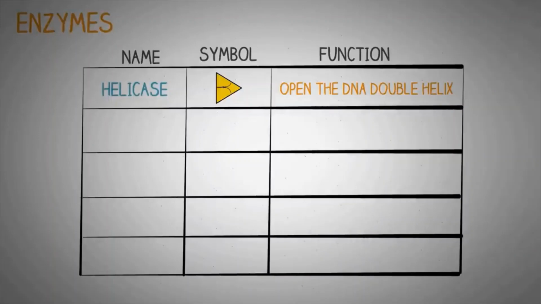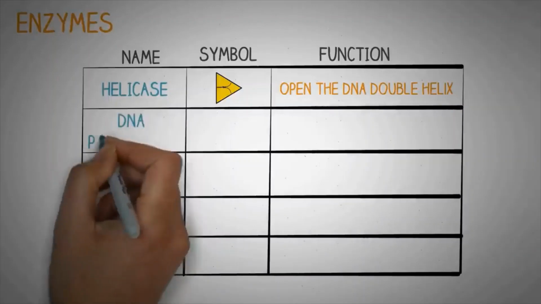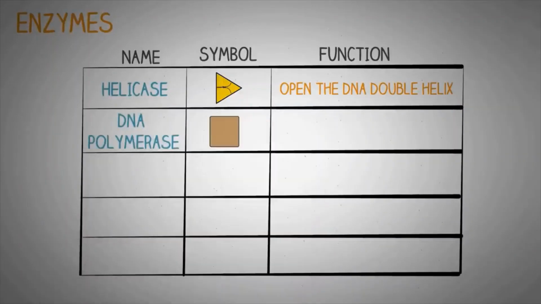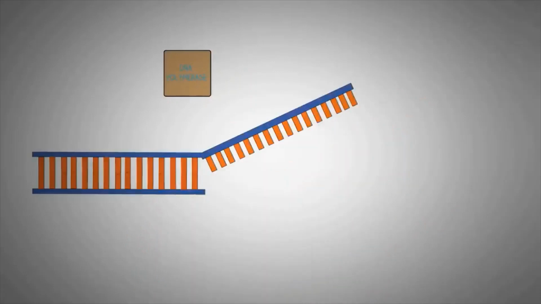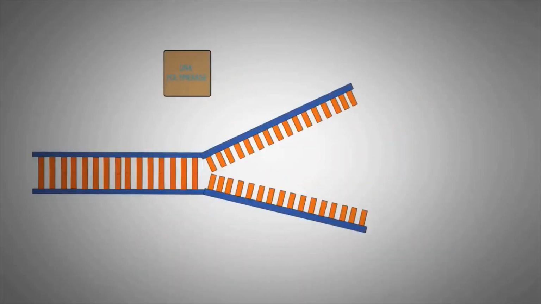So the next enzyme we will discuss is the enzyme DNA polymerase, which will be denoted by this symbol. The DNA polymerase performs the vital function of formation of a new strand of DNA known as the daughter strand. Now in this example, you can see the replication fork created by the enzyme helicase, and here is the 5' end on the left and the 3' end on the right of the upper part of the DNA.